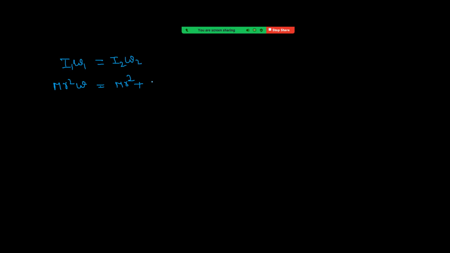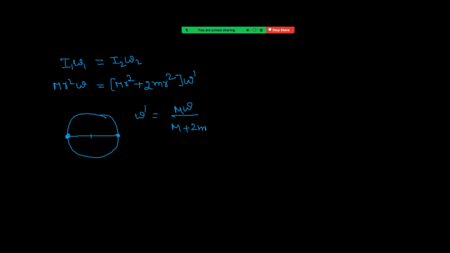Next, for the two objects, m r square, because we are placing them at the ends of a diameter, so their distance from the center equals r. So m r square for one object, for two objects into 2, into omega dash. That means omega dash is equal to M omega upon M plus 2m, right?